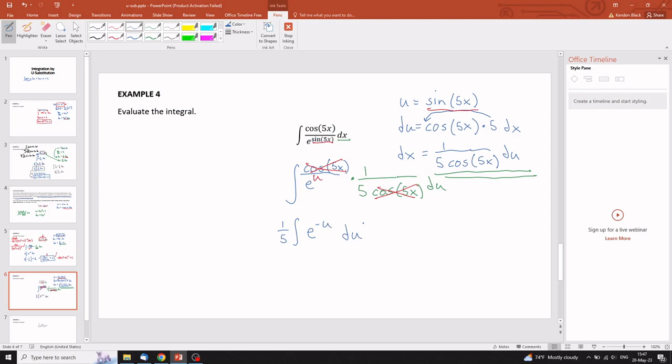Now, we have a problem here. We still don't have something that we can antidifferentiate. We don't know the antiderivative of e to the negative u, we know the antiderivative of e to the u. So one thing we can do here is another u substitution.